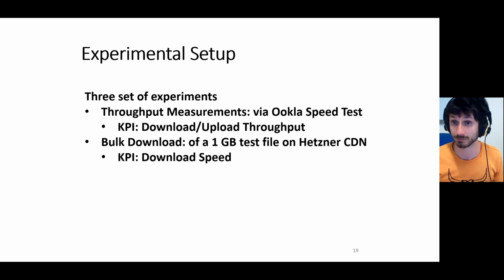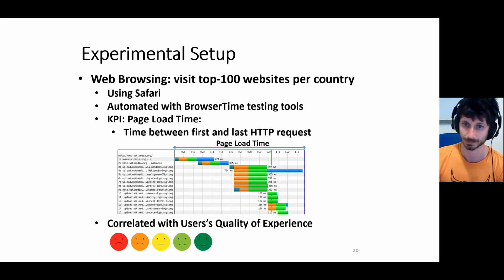We ran 3 sets of experiments. A first set of experiments to measure the throughput achieved using an automated version of the Ookla speed test to measure download and upload throughput. We measured the performance of a bulk download of a large file, in this case a 1 gigabit file hosted on the Hetzner CDN, to measure the download speed.